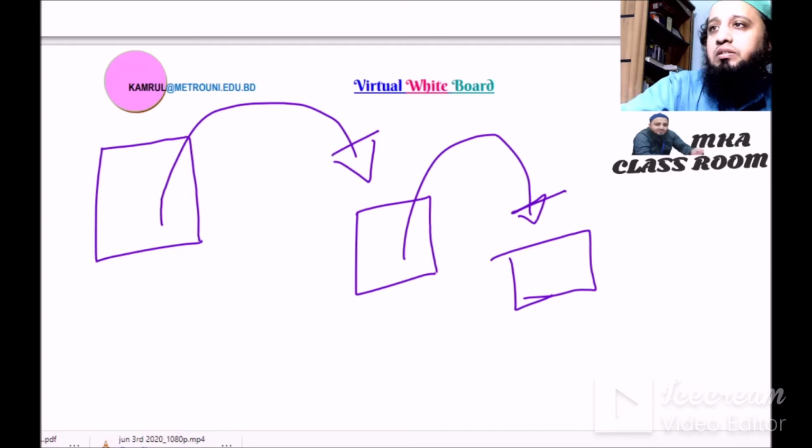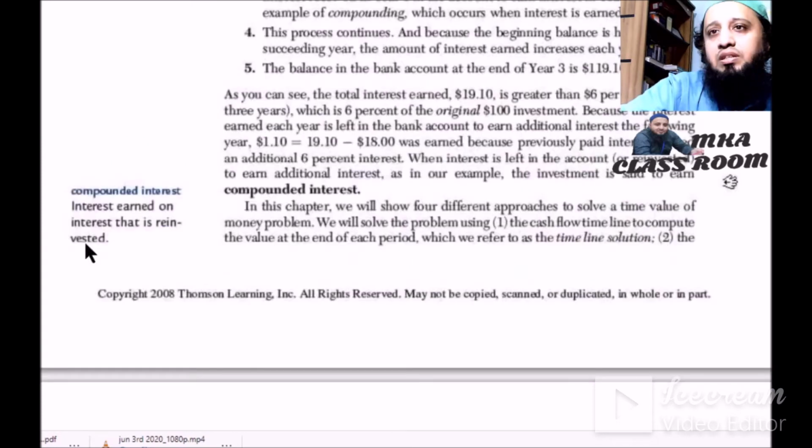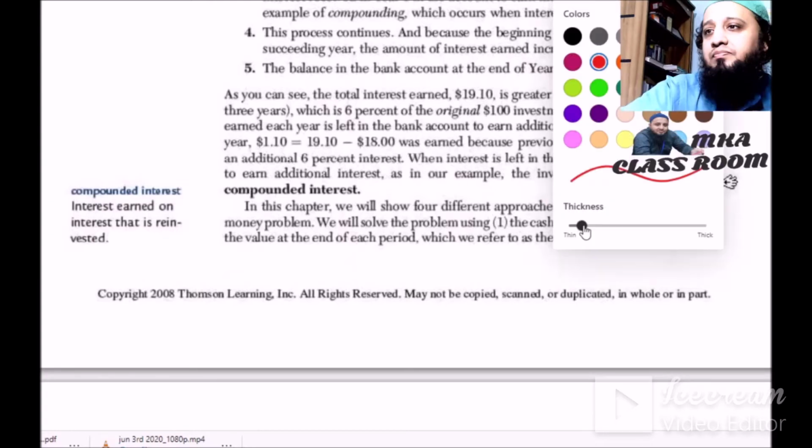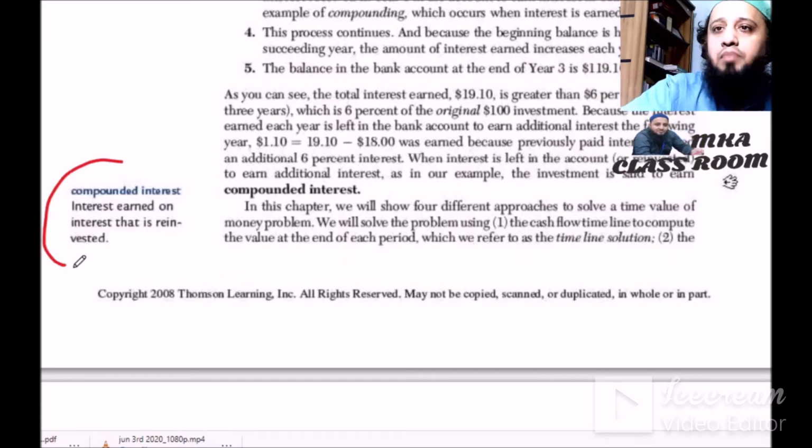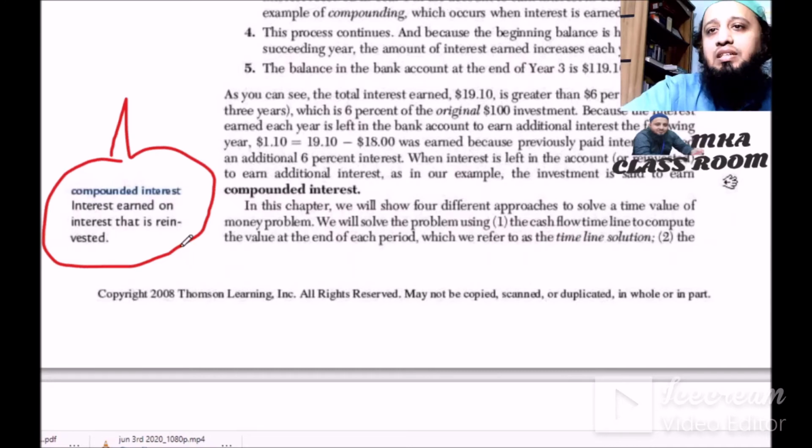So from our sheet we have seen that the interest on interest that is reinvested is the compound interest.